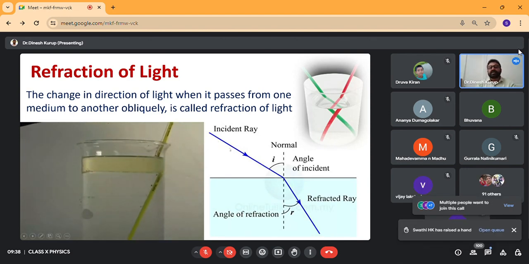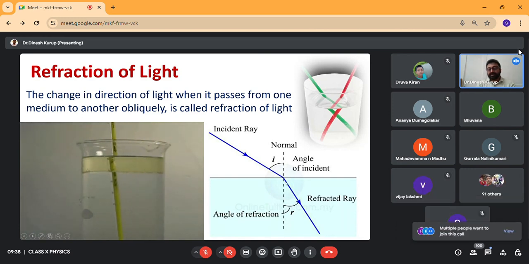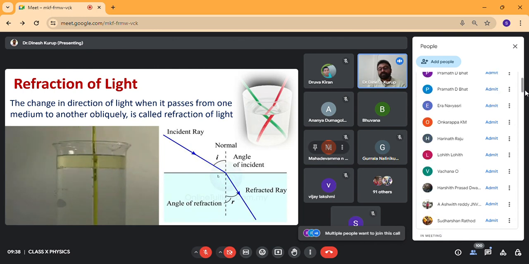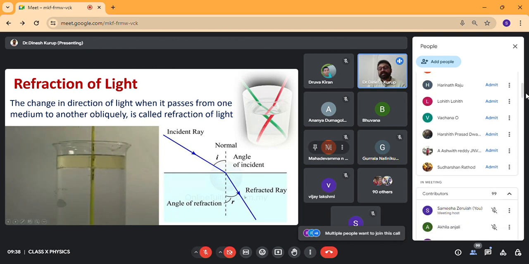So the light will have to hit the different particles inside the medium. When it is hitting the different particles, there will be a decrease in the velocity of light. As the velocity of light decreases, there will be a change in the path of light. Am I clear to you?